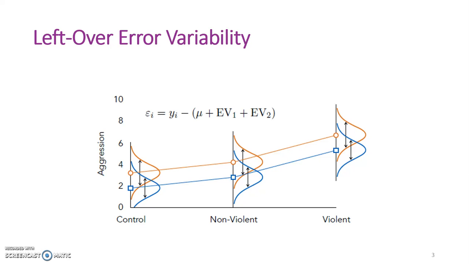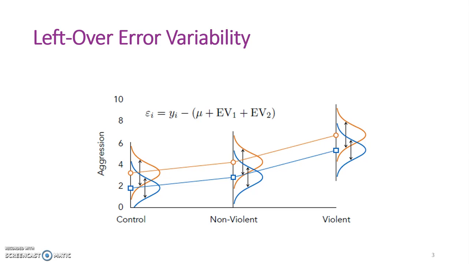So let's take a look at this leftover error variability and how we would conceptualize this. Looking at this plot, the plot that we just worked with in the last video lecture, we had these lines that indicate the different group effects from this ANOVA. What we're showing here is that we've added distributions around each of these points representing a different marginal mean, a different cell mean.